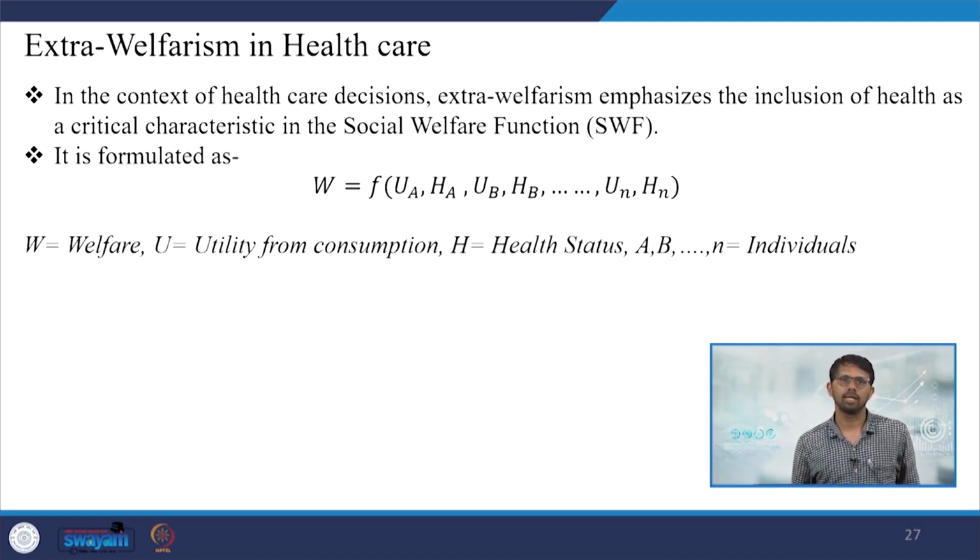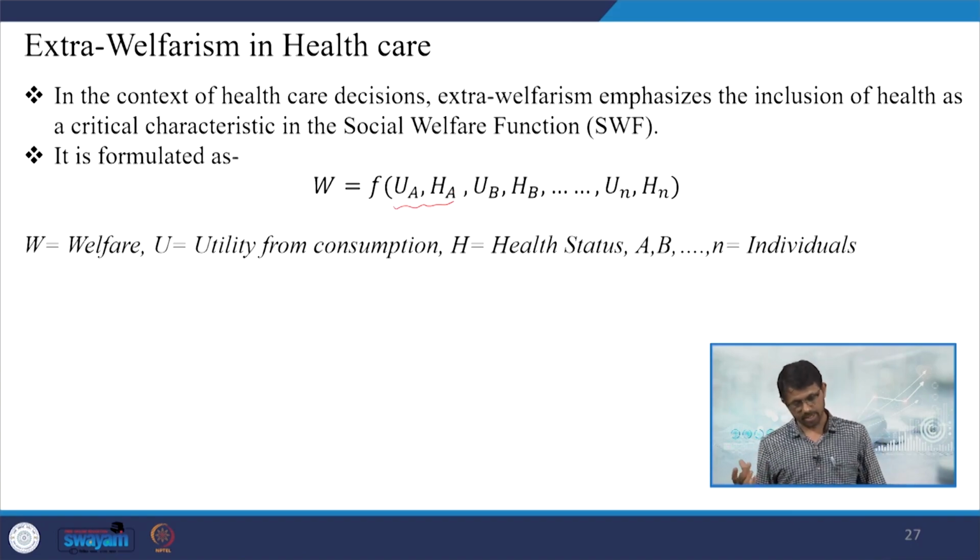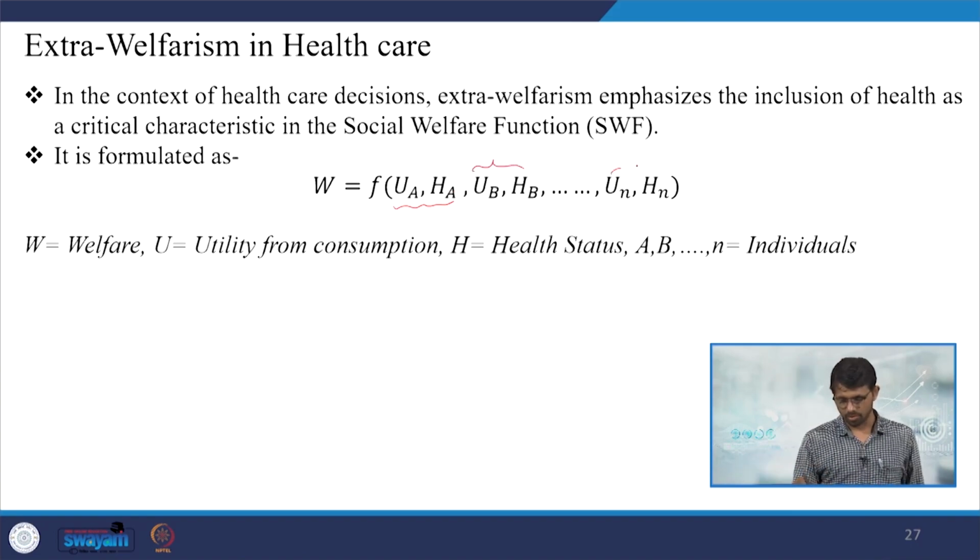It is formulated as different utility from the commodities and utility out of health state for some consumer or individuals. So W stands for welfare, U stands for utility from consumption, and H is the health status, or health state.